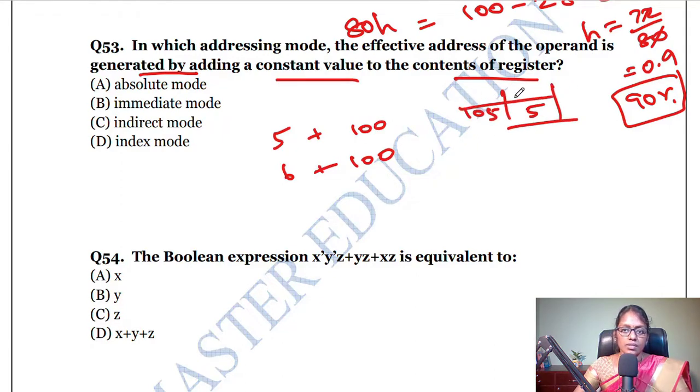At 106 I am storing 6. So a constant value is added to the content of the register. Such a mode is called index mode. Immediate mode means we are assigning the data directly. So this one is index mode.